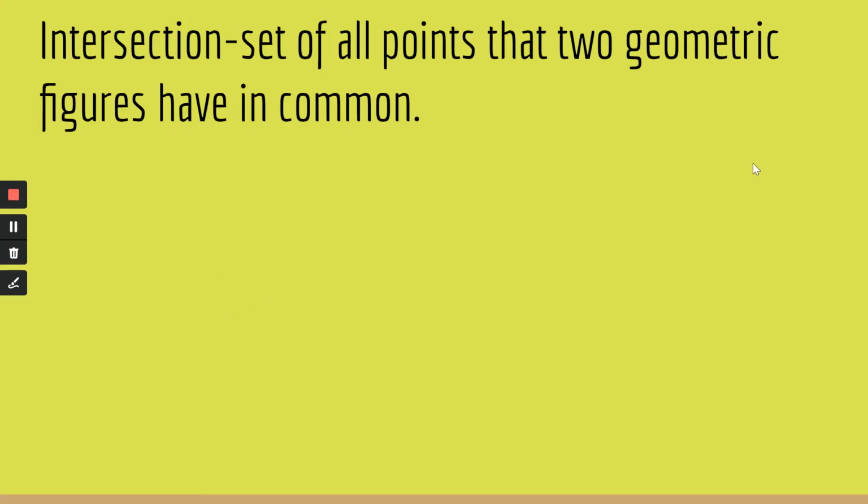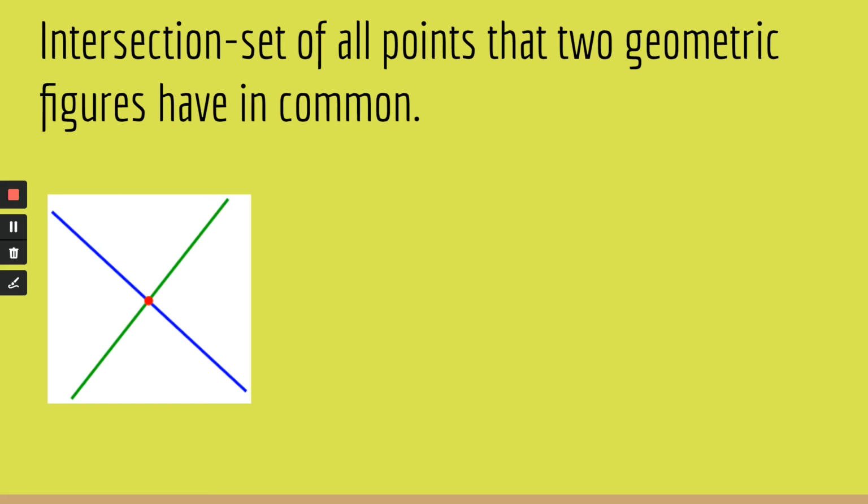Okay, this last concept I want to talk about is this concept of intersection. Intersection is the set of all points that 2 geometric figures have in common. So let's look at a couple of examples. If I have 2 lines, let's say, that intersect, you can see here they intersect at the point there at the red dot. So that would be a point, just 1 point of intersection.